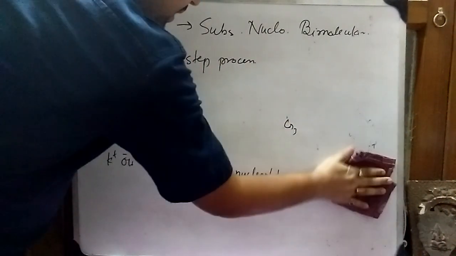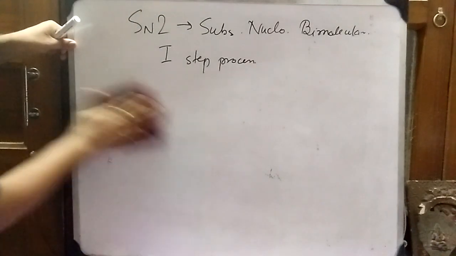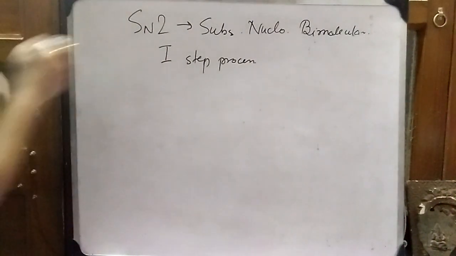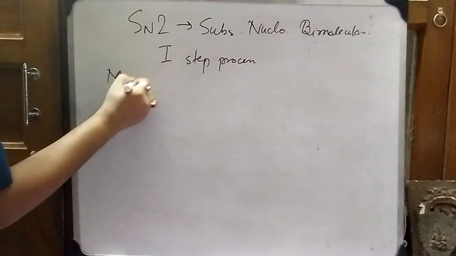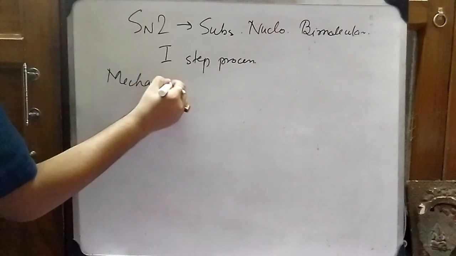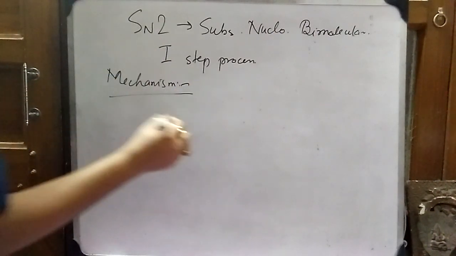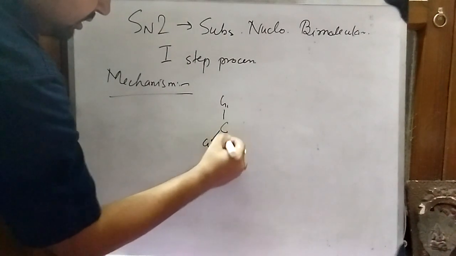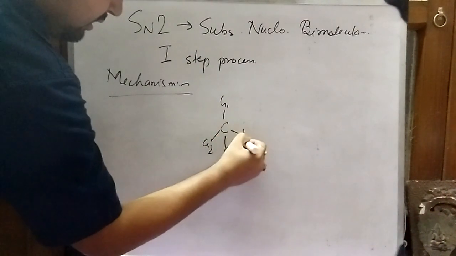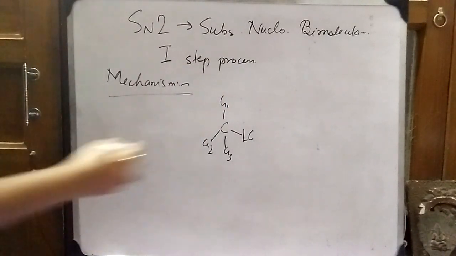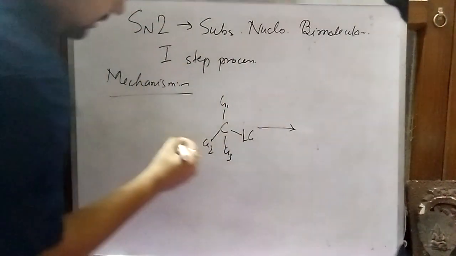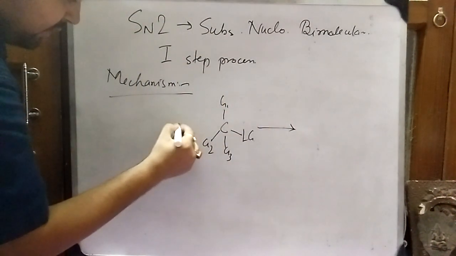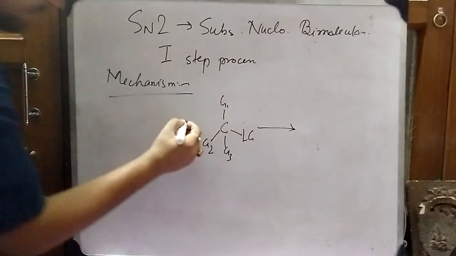In the mechanism part, as it is a one step process, suppose this is G1, this is G2, this is G3 and this is the leaving group, and the nucleophile is coming from this side.